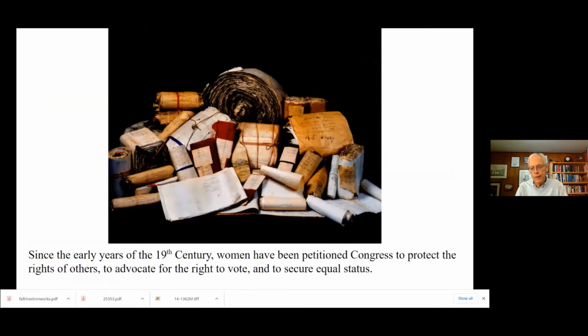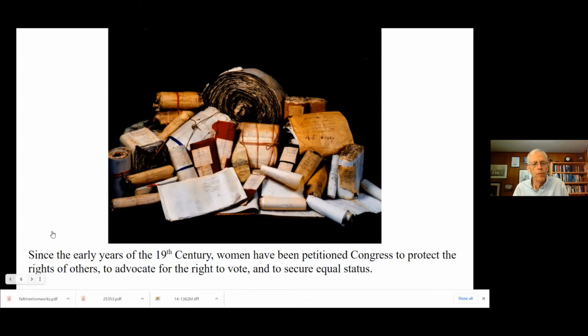But if you want to get a sense of what the records of Congress look like, this photograph shows you a collection of 19th century petitions. We often talk about the age of Andrew Jackson as the age of grassroots politics. And from an archive point of view, this is what grassroots politics looks like, because groups of individuals began amassing big rolled petitions.